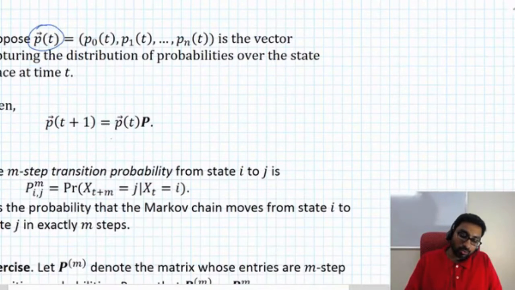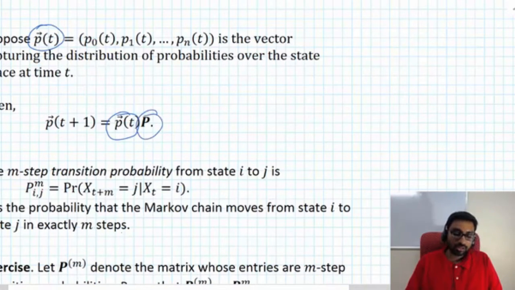Notice that when you multiply the distribution vector with the transition matrix, we're going to get the distribution vector at time t plus 1.